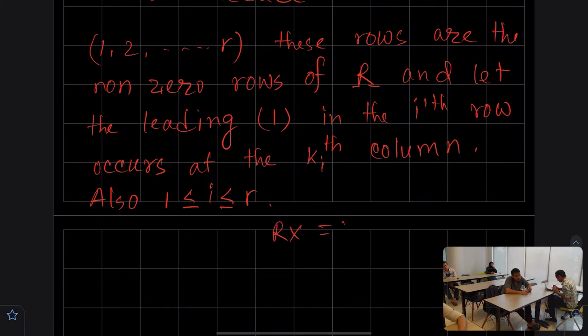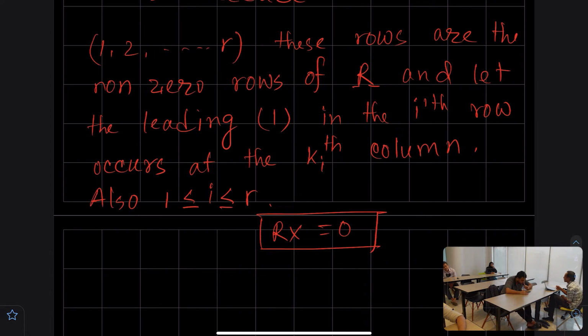Rx equal to 0, if I now consider this system Rx equal to 0, can you tell me how many non-trivial equations are in this system? Non-trivial equations in this system.